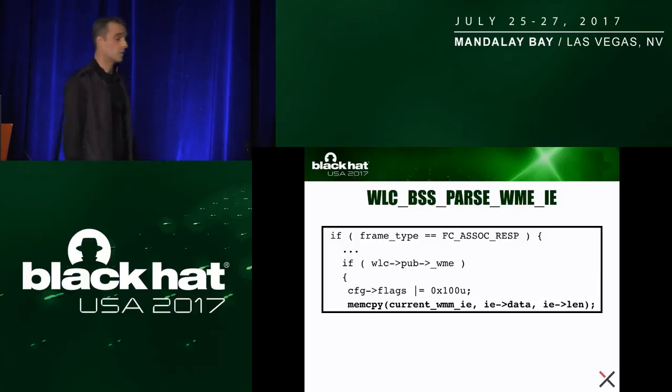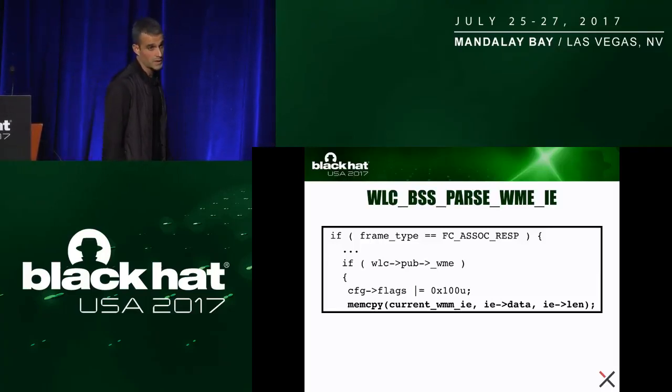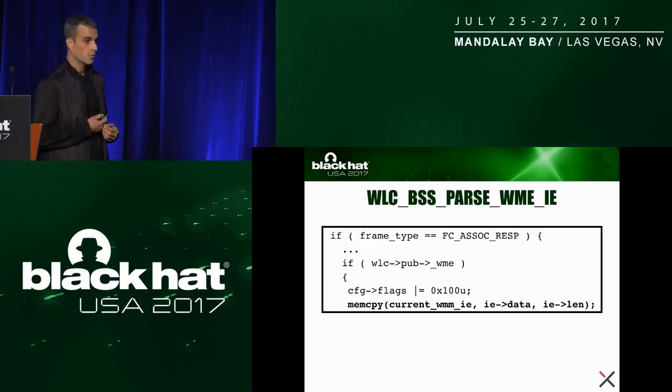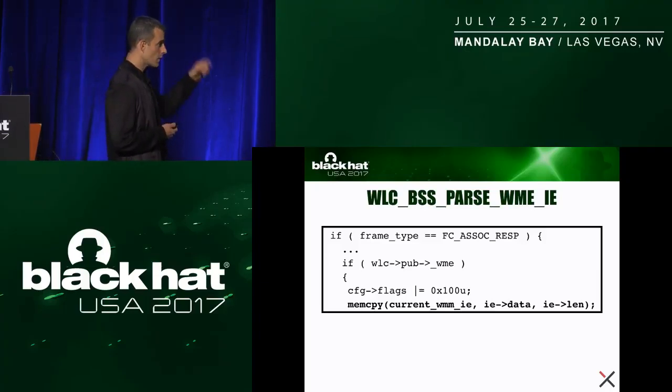In this case, we couldn't use this technique because we were looking for bugs in a very specific attack surface. But once we narrowed down the attack surface to code which can be reached without any prior authentication, that's when we found this bug.